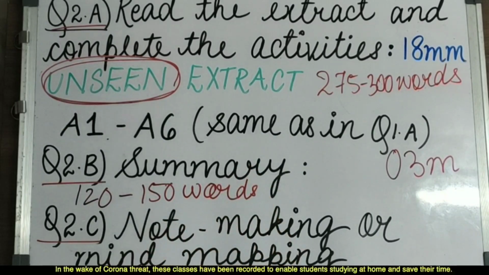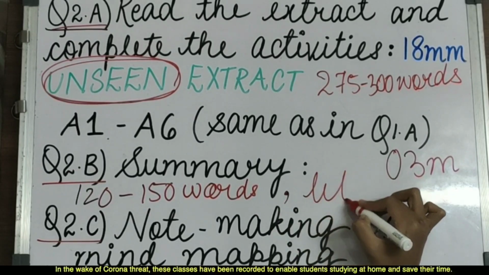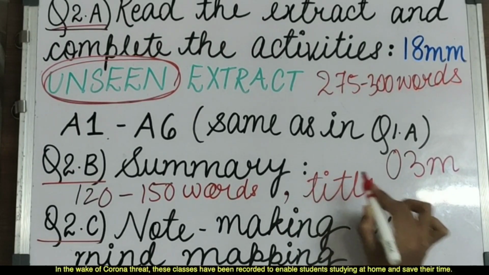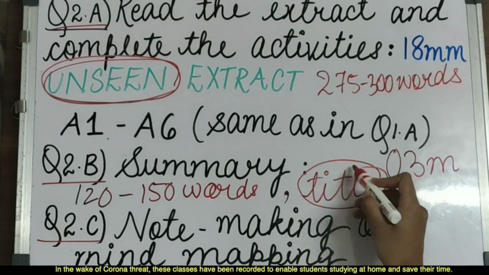Okay, you have to shorten those 2 to 3 paragraphs. You have to take out the gist of those paragraphs and present in about 120 to 150 words. And the most important thing is that you need to give the title. Title is very important as out of the 3 marks, 1 mark is for the title.